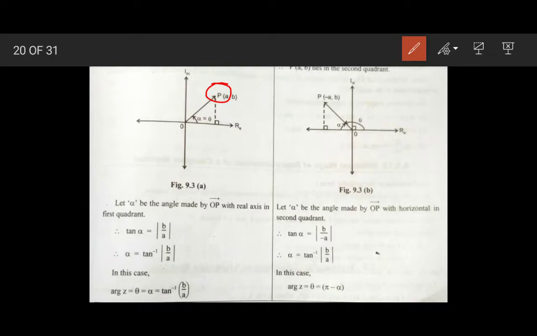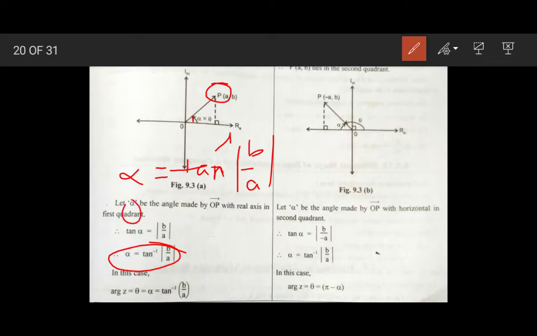In the first quadrant, first we find this alpha. Suppose this angle is alpha, so alpha is tan inverse B upon A. Then we have to find theta, which is the slope of this line, and that is the same as alpha. So in the first quadrant, theta is equal to alpha.